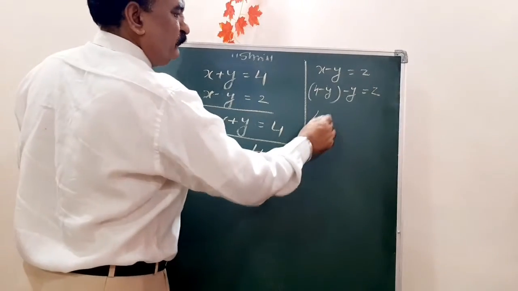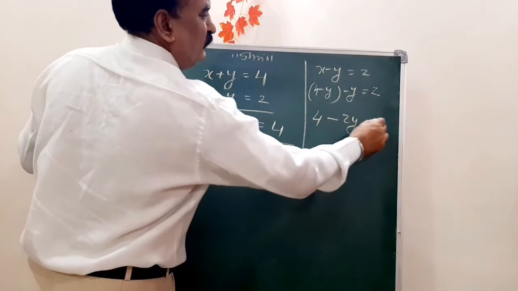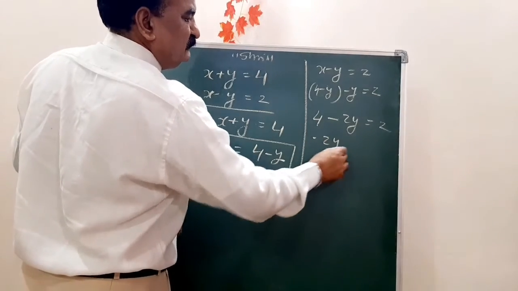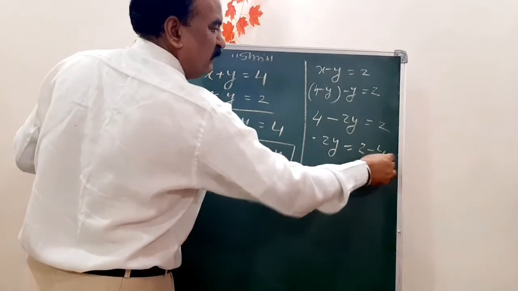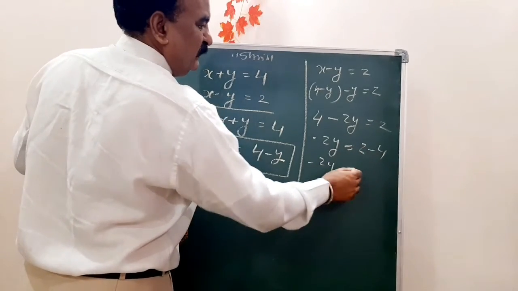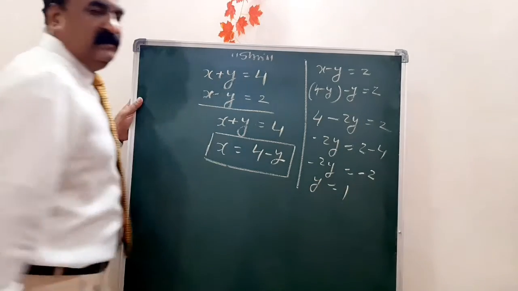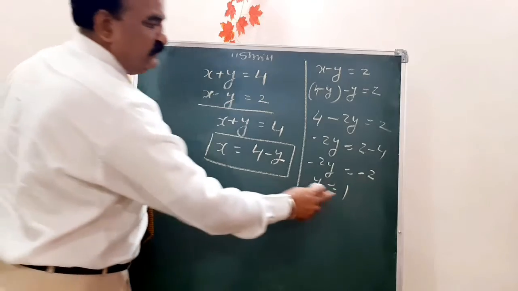It means 4 minus 2y is equal to 2. So minus 2y is equal to 2, transfer plus 4 to this side, minus 4. So minus 2y is equal to minus 2. So y is equal to 1.